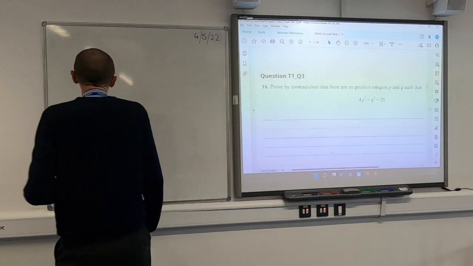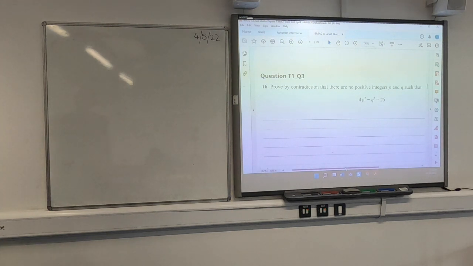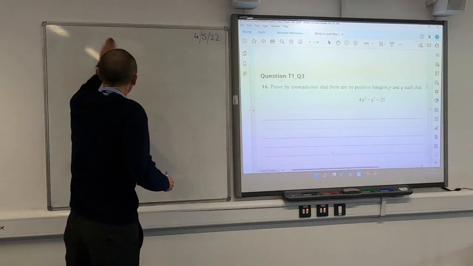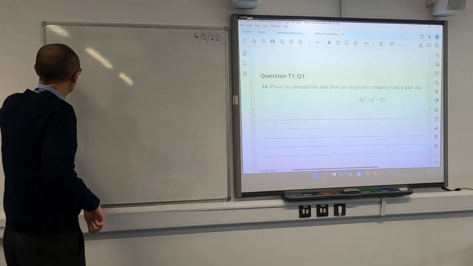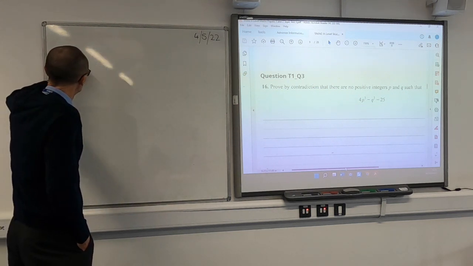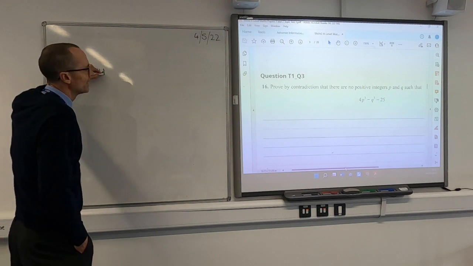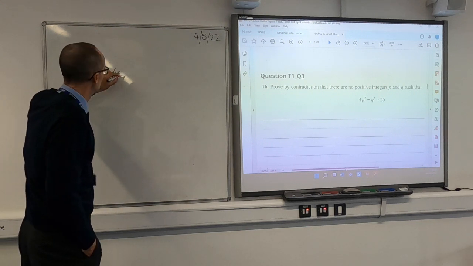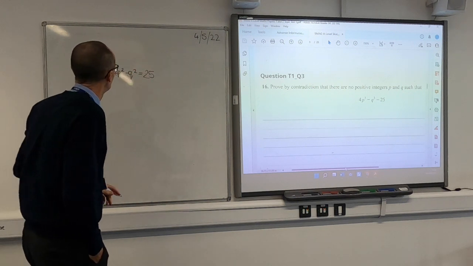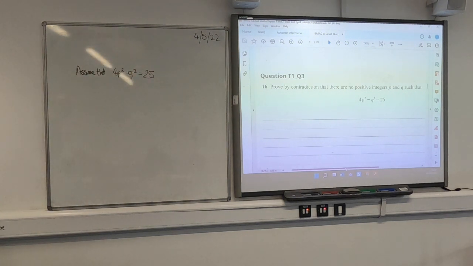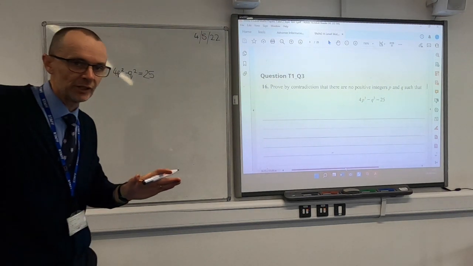So we know that we're going to have to start this by assuming that the opposite is true. So we're going to assume that, and p and q are positive integers.